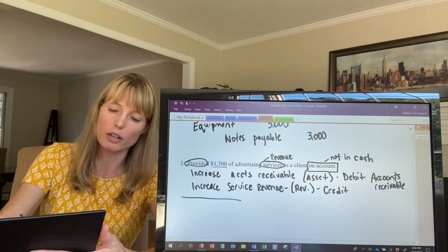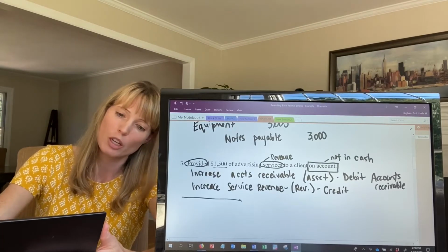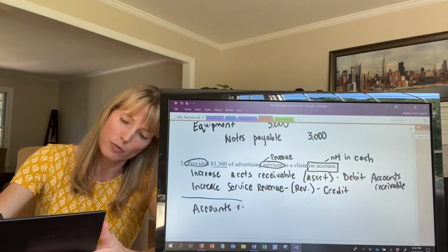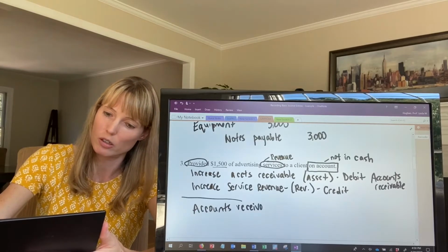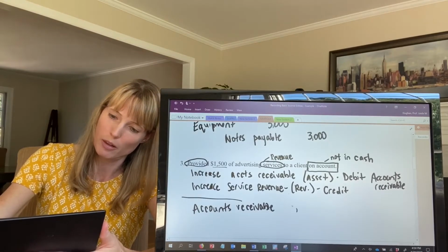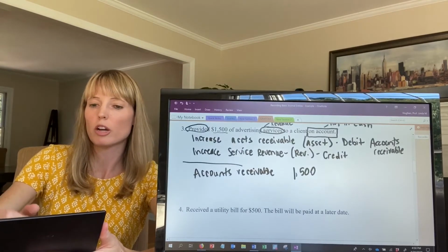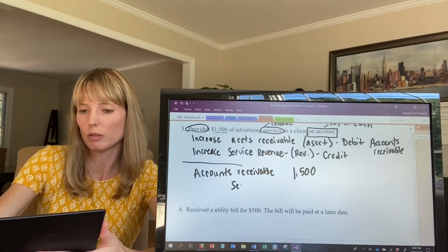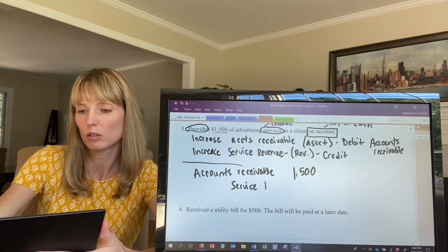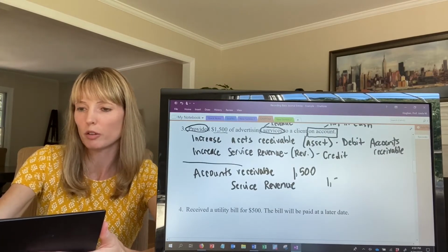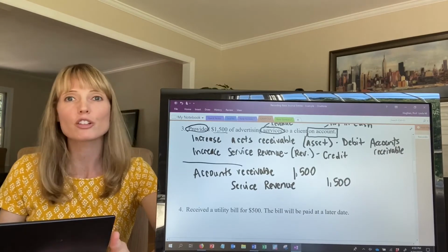So let's go ahead and book that journal entry. Debit accounts receivable for $1,500. And credit service revenue. We could just record the account revenue too, that would be fine. Now, what else do we need to do?